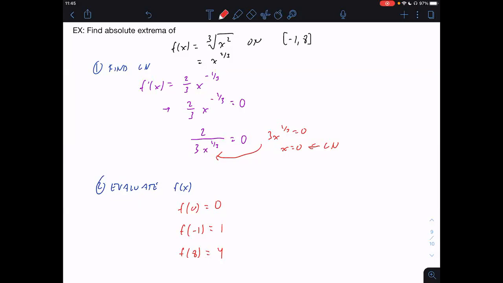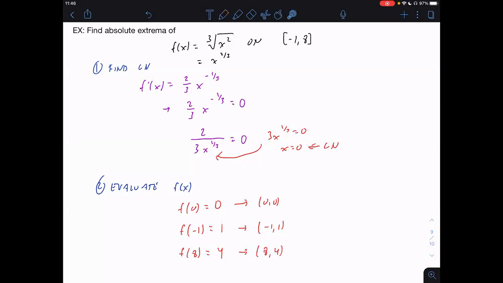Okay, so I'll set up the coordinates here. So here we have 0, 0. Here we have negative 1, 1. And then here we have, wait, 8 squared is 64. Cube root of 64 is 4. Yeah, that's correct. And then here we have 8, 4.